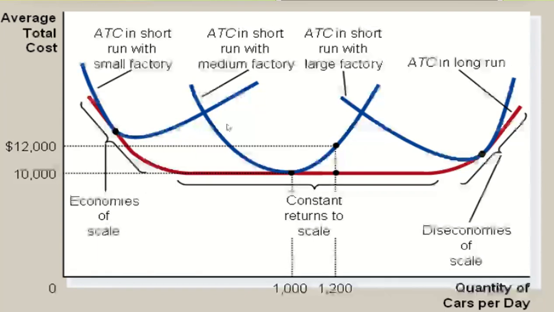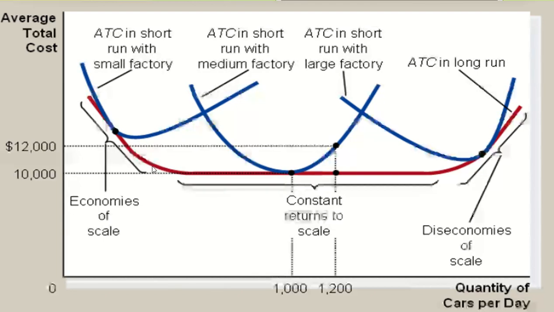When long-run average total cost is falling, like in this portion of the diagram, where the long-run average total cost curve is falling, it is known as economies of scale, because at this point average cost is decreasing with the increase in output.